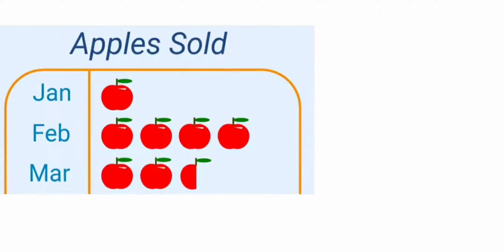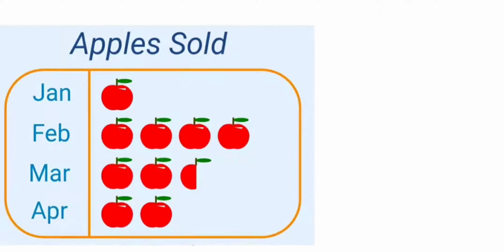Example, apples sold. Here it is a pictograph of how many apples were sold at the local shop over 4 months. In January 1 apple, February 4, March 2.5, and in April 2 apples are represented in the pictograph.